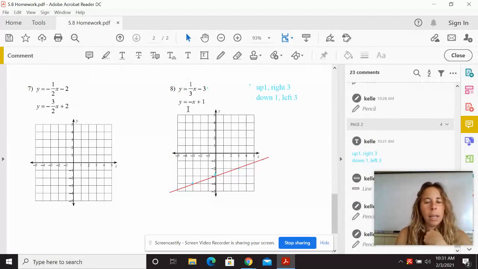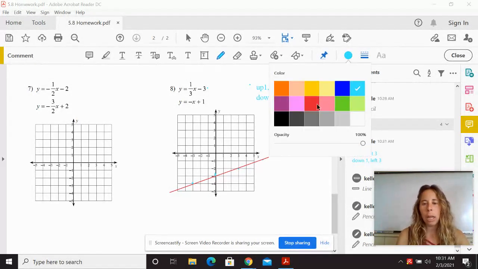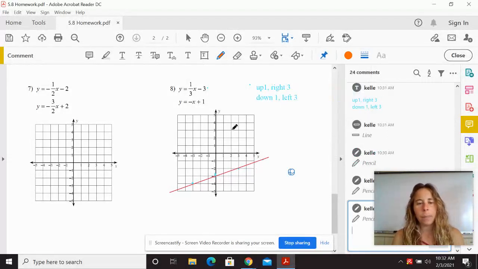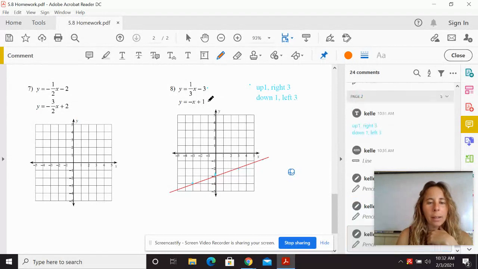Your second line is y equals negative x plus 1. Let's make it orange. What is our y-intercept? 1. So our y-intercept is 1.